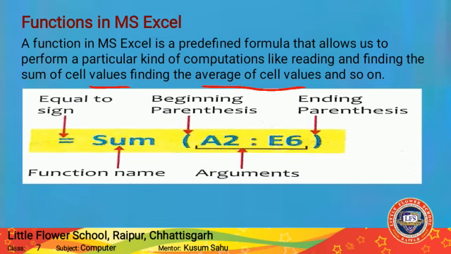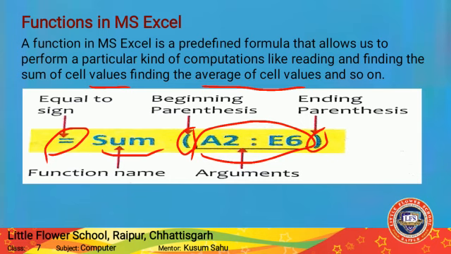Now this formula also begins with the equal to sign like the other formulas, and here you can see we will write SUM. This is the function name, and after that we use the brackets. This is called parenthesis, beginning parenthesis and ending parenthesis, and what we have written inside, A2 and E6, is called arguments.